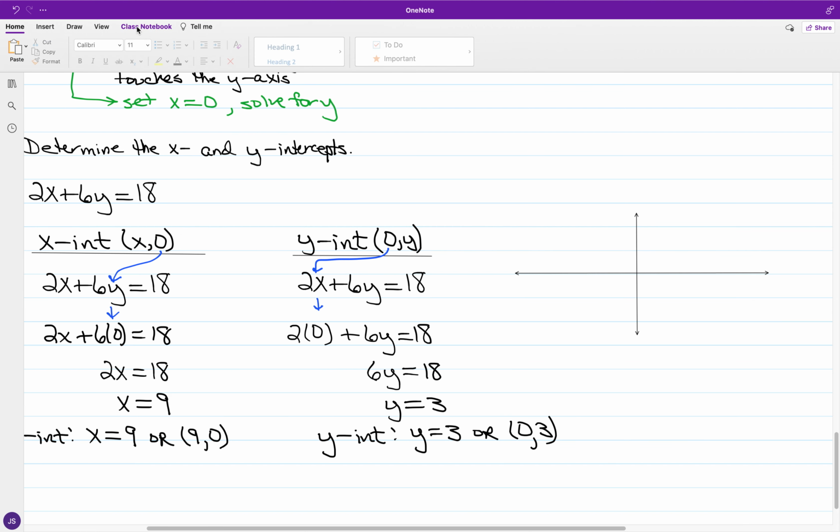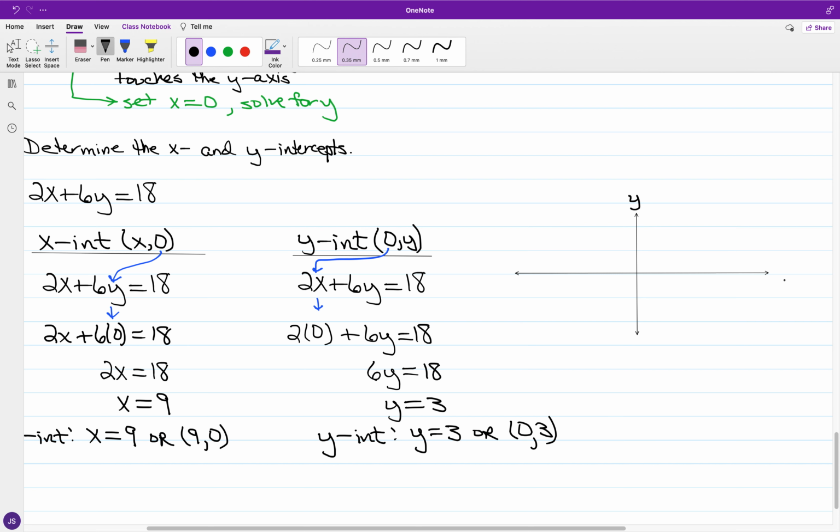Again, we have the x-axis and the y-axis. And for 9, 0, I'm just going to sketch this quickly, with 9 on the number line, and for y, we have 3.